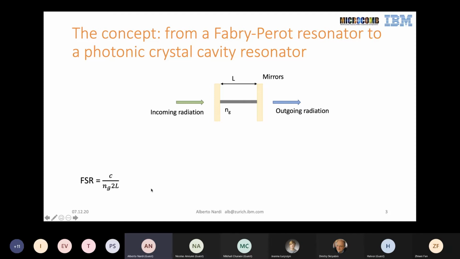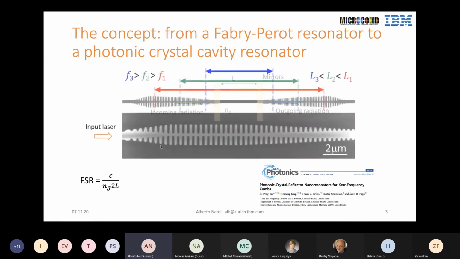But we could see this problem from a different point of view and think, what if we managed to fabricate and use a cavity that changes its length with the frequency? And this is actually what happens for our device.